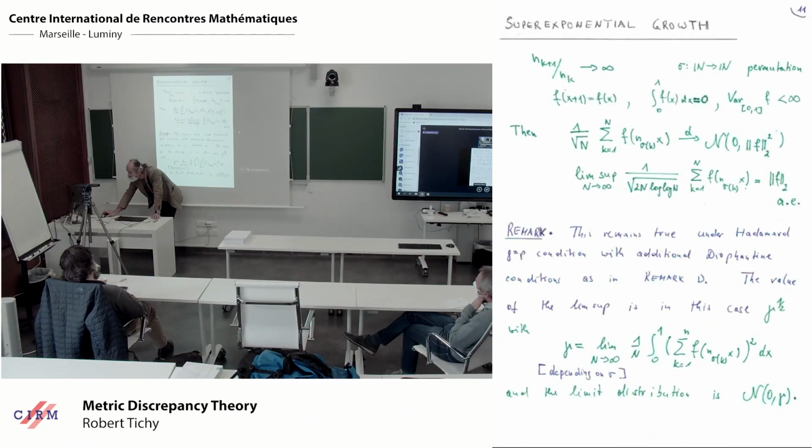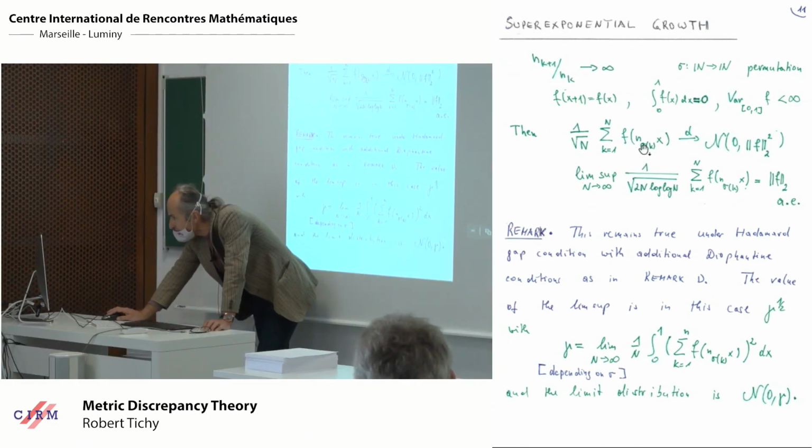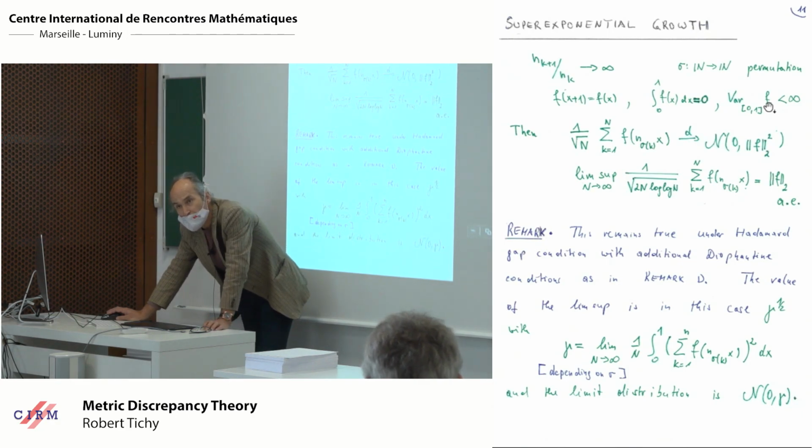As I already mentioned, in the super exponential case, it's easy. We have a very general law for summation of functions. It's enough to have a one-periodic centralized function which is of bounded variation, so a quite nice regularity condition, nothing else has to be known.